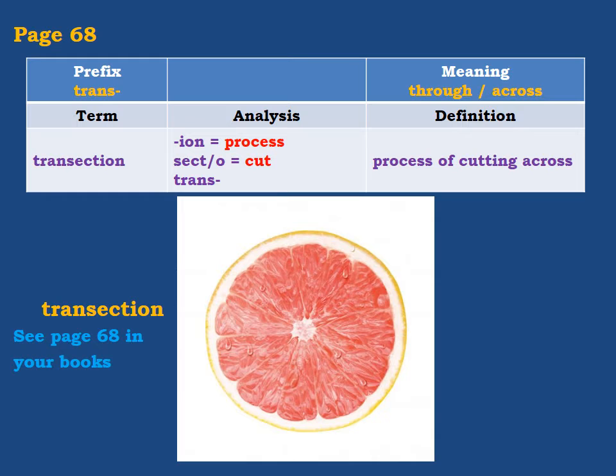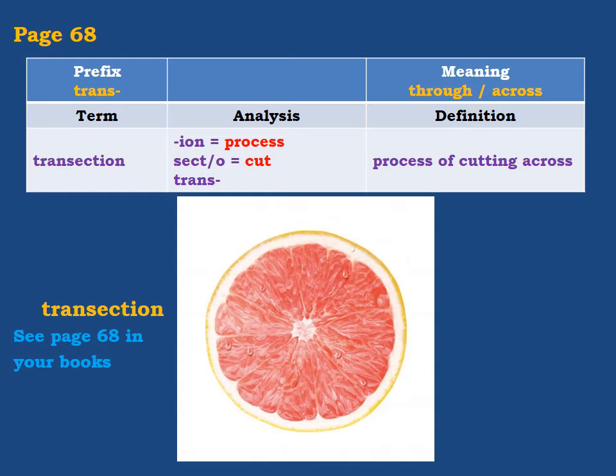Now, if you look at this picture of an orange, if you take an orange and you cut it into two halves, one half, if you look at it from high above, will look like this in the picture. So we call this transection.